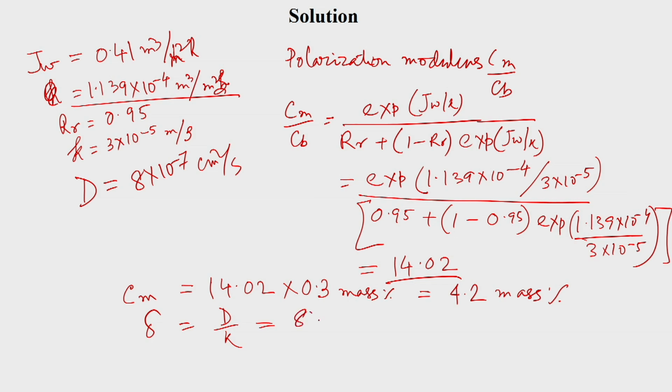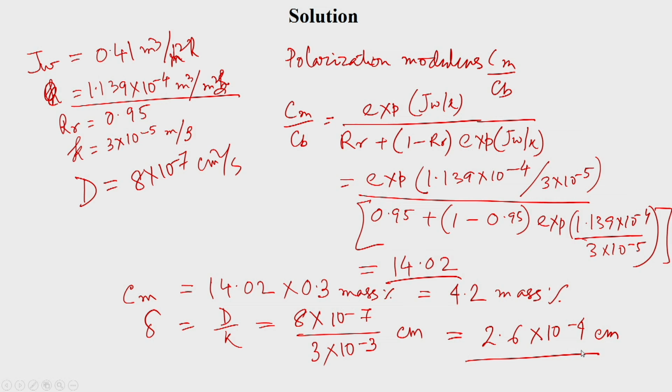So, that is 8 into 10 to the power minus 7 by 3 into 10 to the power minus 5, with 10 to the power minus 3 in terms of meter, so it will be like this in centimeter. So, it is coming out as 2.6 into 10 to the power minus 4 centimeter. So, we can say this thickness will be 2.6 into 10 to the power minus 4 centimeter.